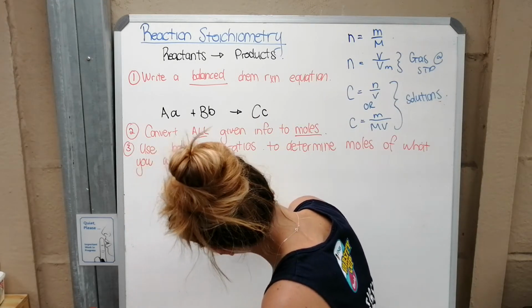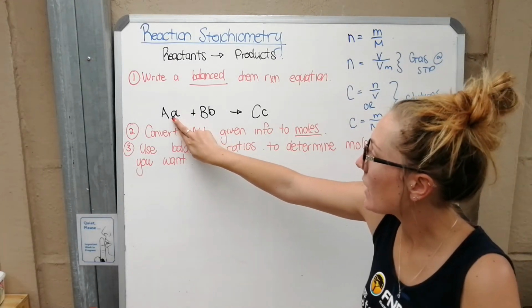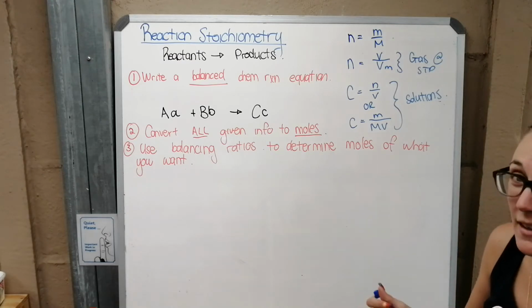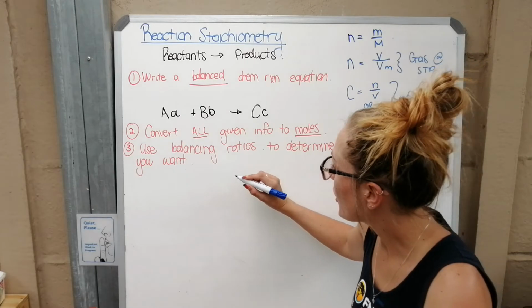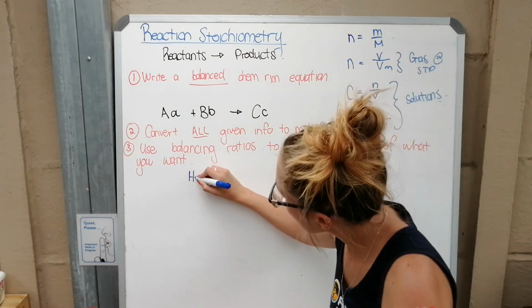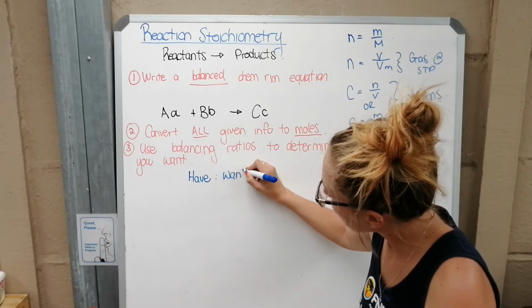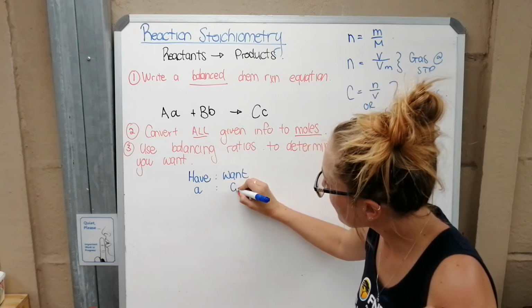Let's say we were told how much A we have and we want to know how much C will be produced. Remember this, I'm going to try and use the same language as I did last year: what we have, to what we want. So we will have been given the amount of A and we want the amount of C.